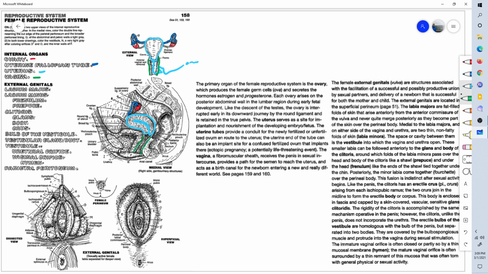So the egg, the ova, will travel down into the uterus as the sperm travels in this way to the uterus. And they will meet somewhere inside the uterus or inside the fallopian tube even.